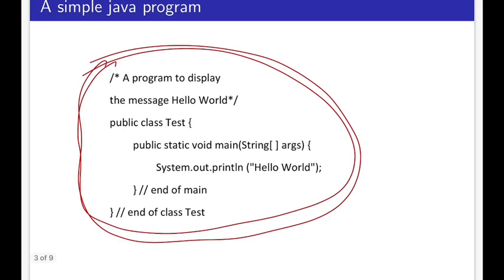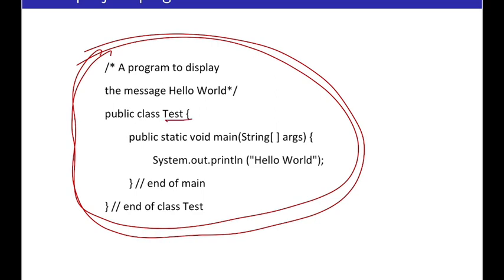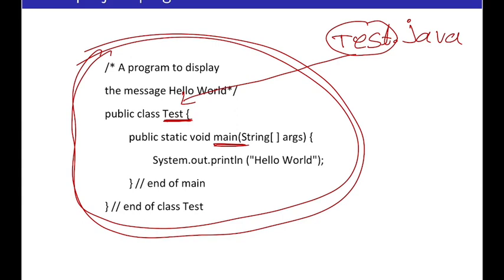Here the main method is inside the class test, so test is called the main class. So the file name should be test.java.